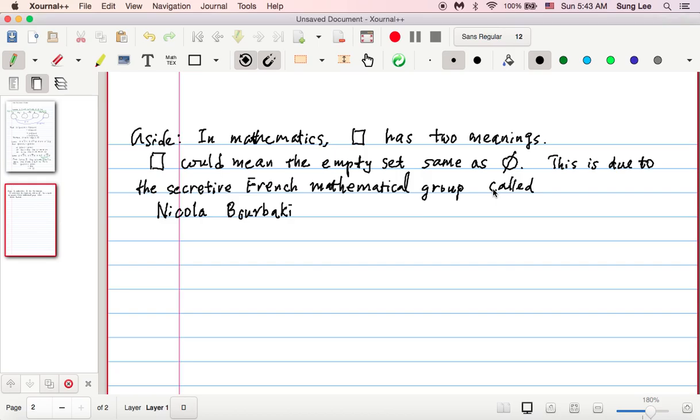Initially they started out as French, but later on non-French mathematicians were recruited as well, when there were no better French mathematicians in certain particular subjects of mathematics. Anyways, this symbol is due to Nicolas Bourbaki.